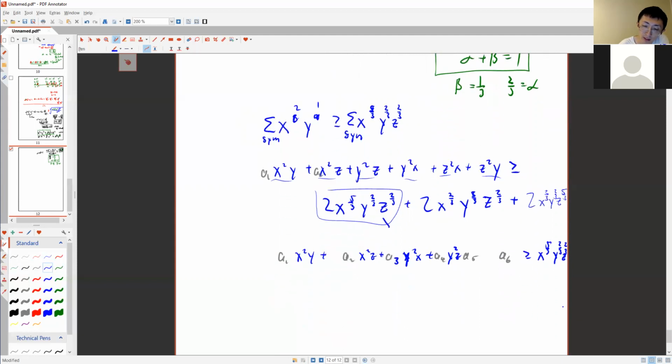And I think this would be easier if we just did some substitution and said x is x1 cubed. So instead you have all integers if you prefer. So sum of this over 3 variables greater than sum of this over 3 variables.